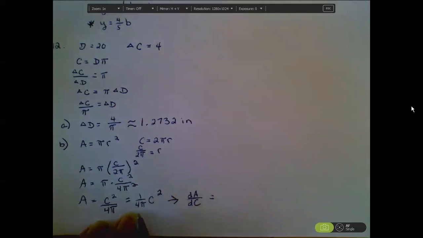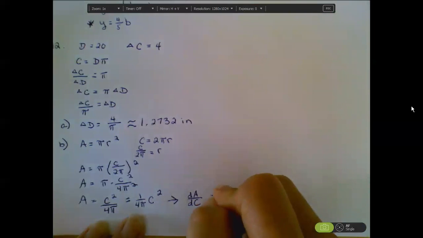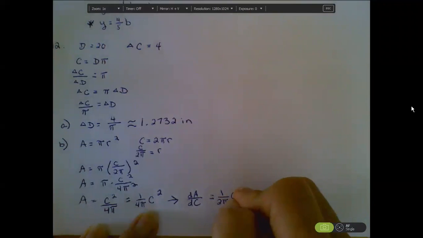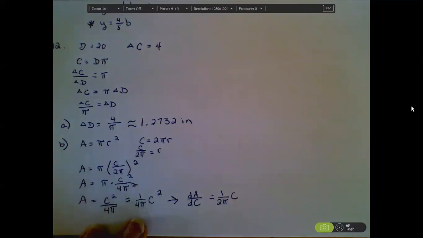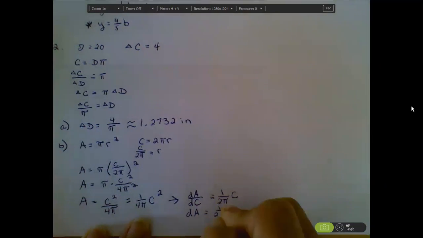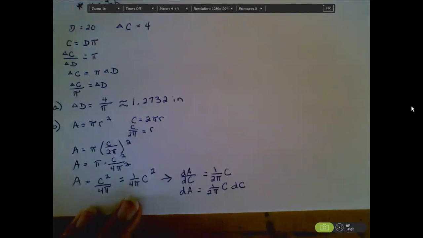So 2 times 1 over 4 pi is 1 over 2 pi. Subtract 1 from the exponent. Where the differential in A is 1 over 2 pi times C times the change in C.